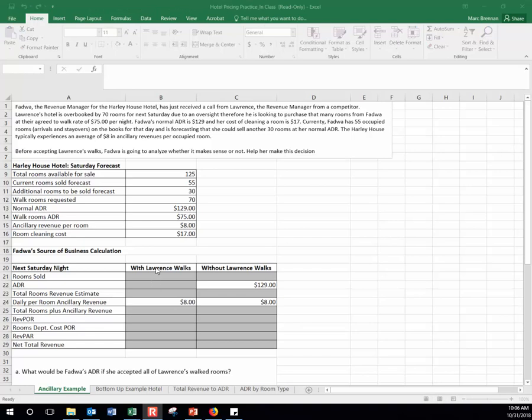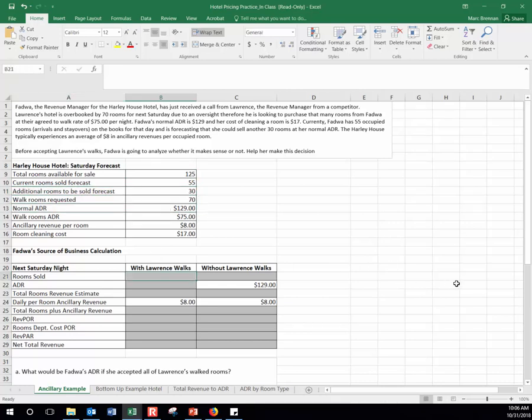So let's go through each example. With Lawrence's walks, how many rooms would be sold? If we take a look, current rooms sold to be forecast is 55. Fadwa believes she can sell 30 more rooms, but if she takes the walk rooms, all 70 of them, that's going to give us a full hotel, but we'll have to forgo these 30 rooms at a higher ADR.